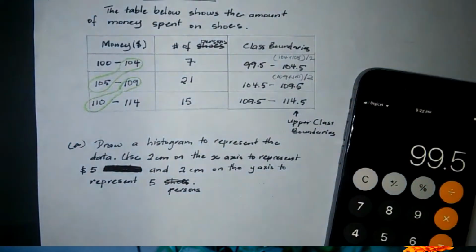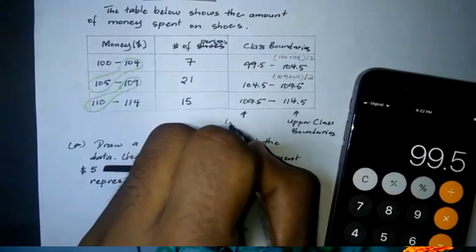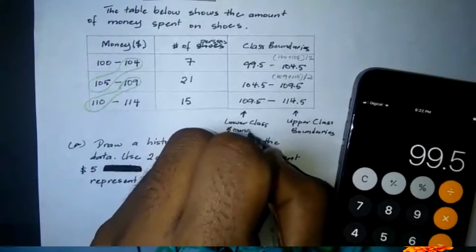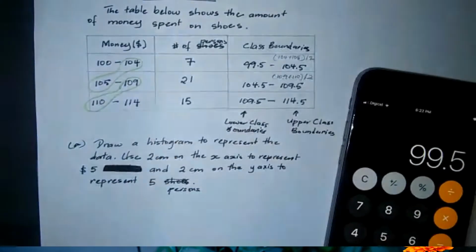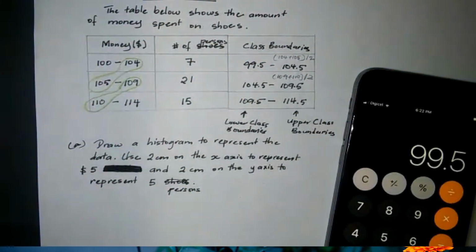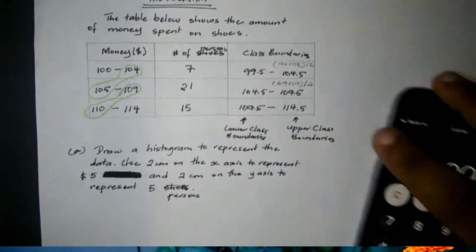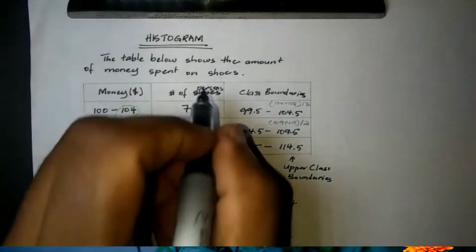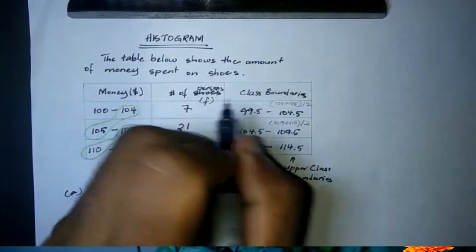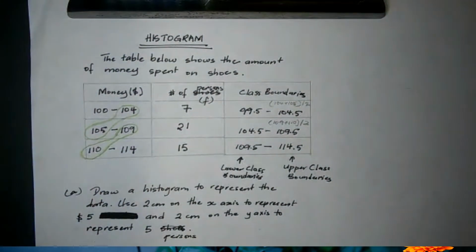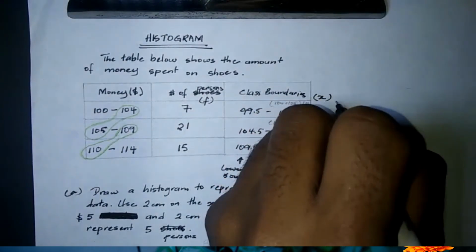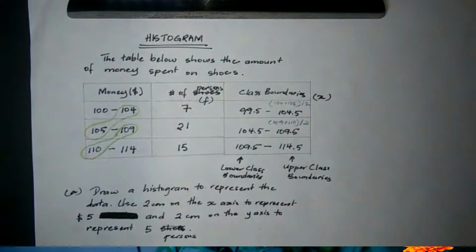Now that we've calculated our class boundaries, the lower class boundaries and our upper class boundaries, and we already have our frequency, we are ready to plot our histogram. Now remember, my frequency F goes on my y-axis, and my class boundaries, my X, goes on my x-axis.